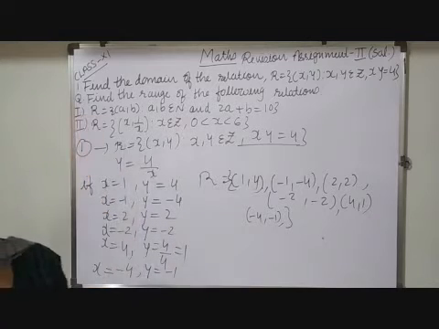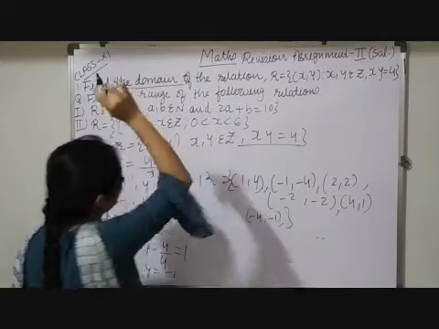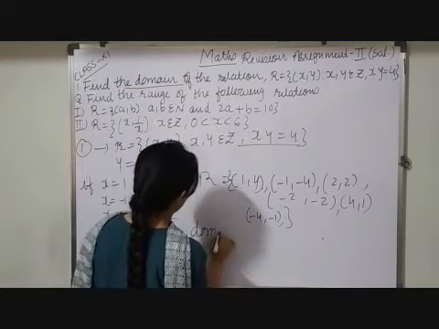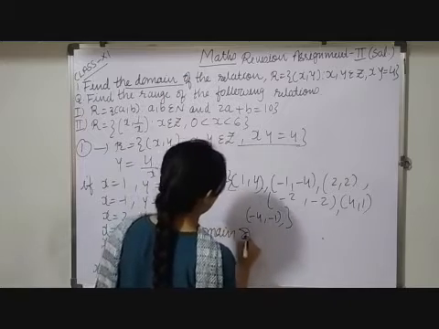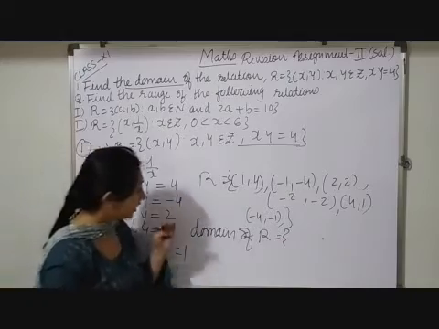Now here we'll solve the second one. But students, here they are asking to find the domain. I just forgot. So domain of R is equal to... Now children, let me clear how to find domain and range.